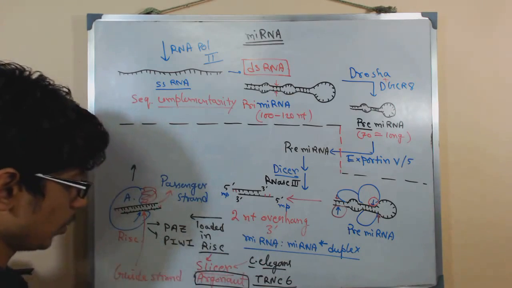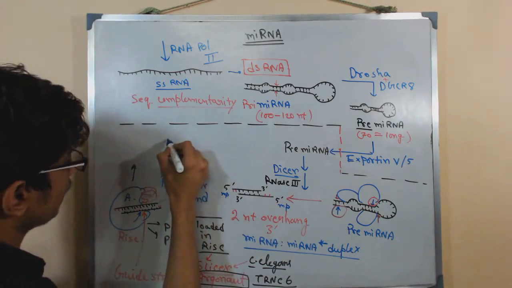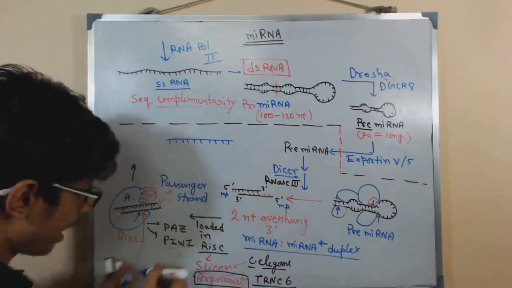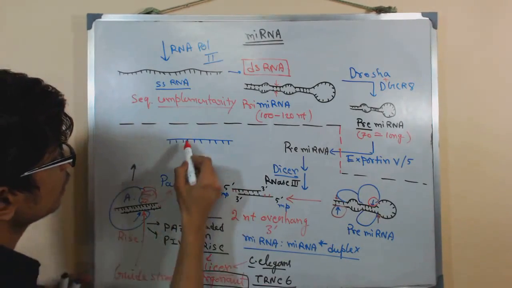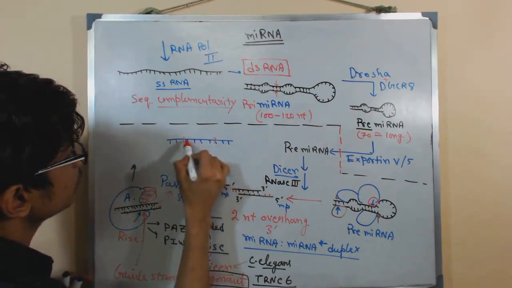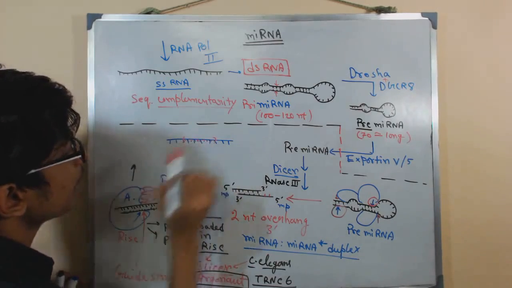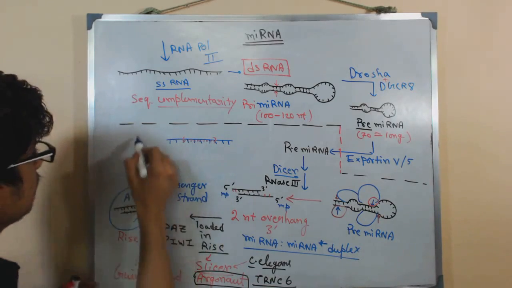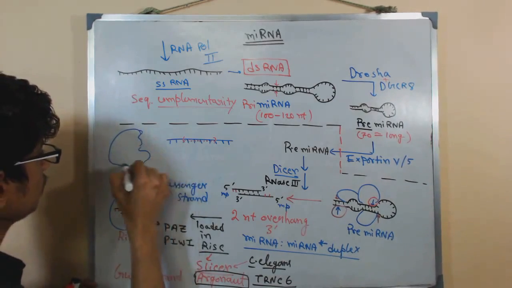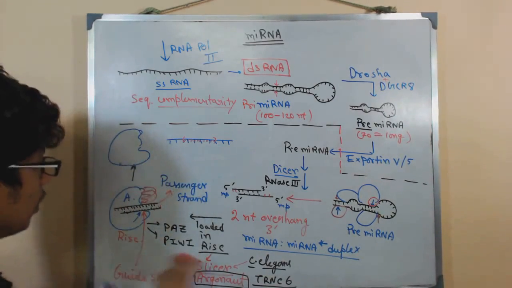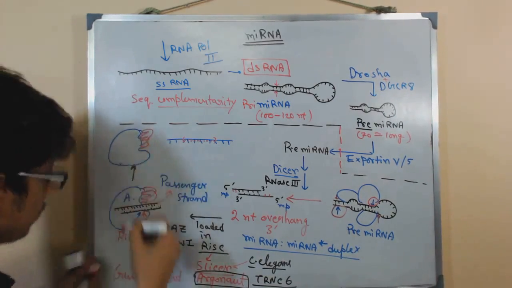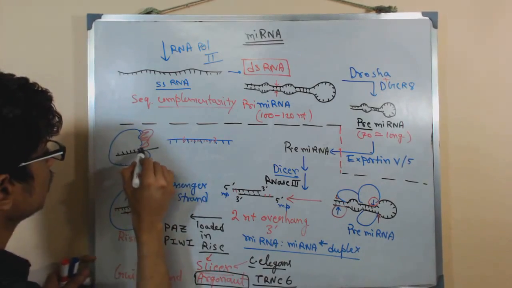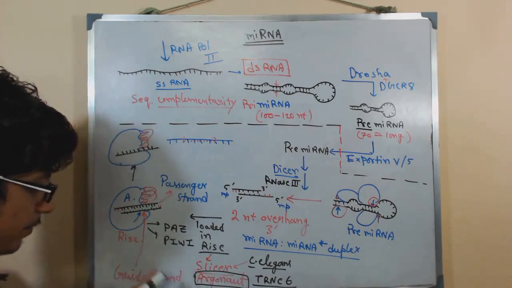So let's say here we go, the single-stranded mRNA is this one, and it has a target sequence, let's say from this to this. So this is the whole structure of argonaute and slicer and whatever other proteins are there, and it is also associated with the guide strand.